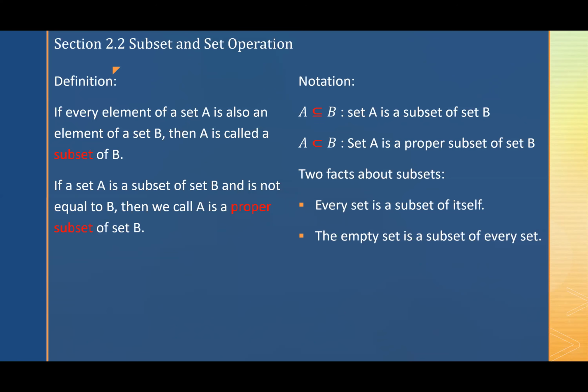If we have the same exact elements, they are equal sets. And if they are equal sets, they will be subsets, okay? So every set is a subset of itself, and the empty set is a subset of every set, okay? So an empty set will always be a subset of every single set you have. Those are the two facts.